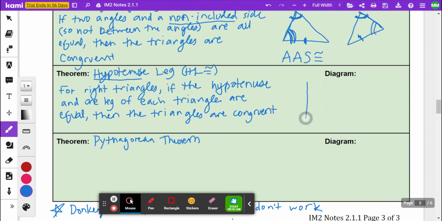Okay, let's draw this. These are right triangles having congruent hypotenuses, and one congruent leg. And these are congruent by what we call hypotenuse-leg congruence.